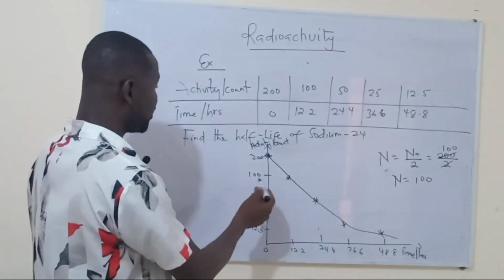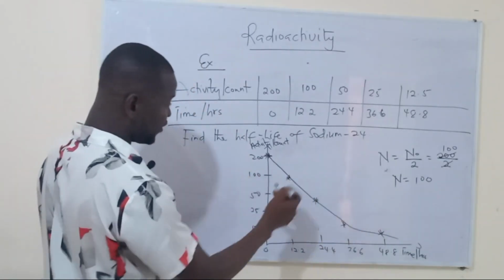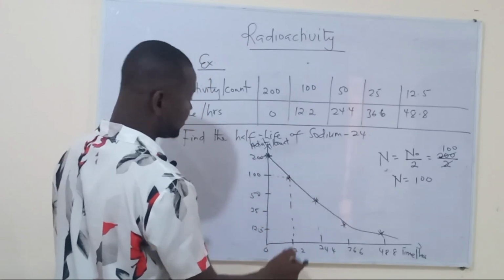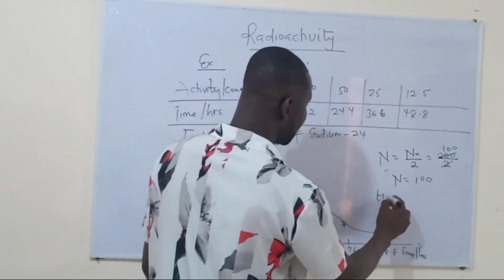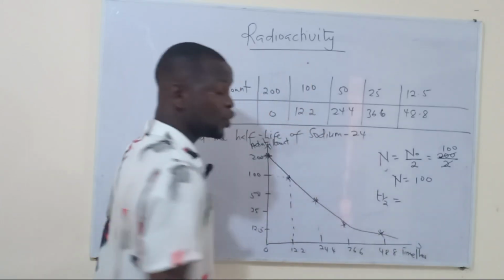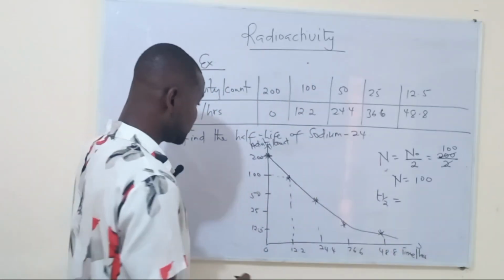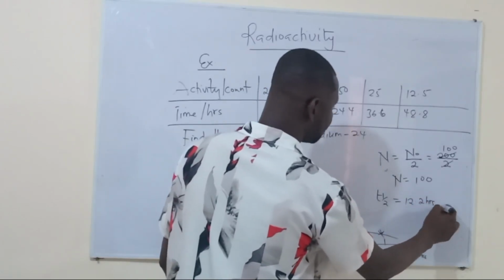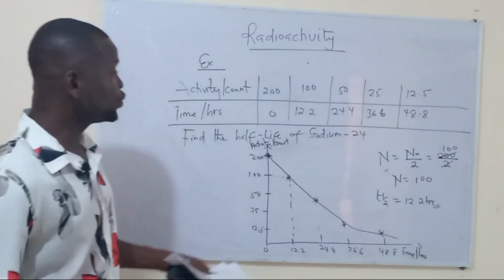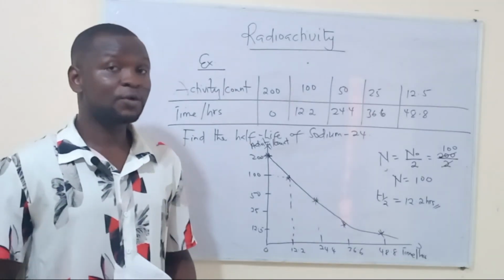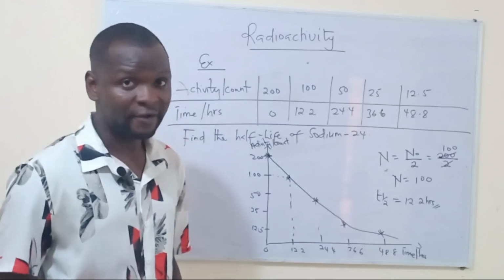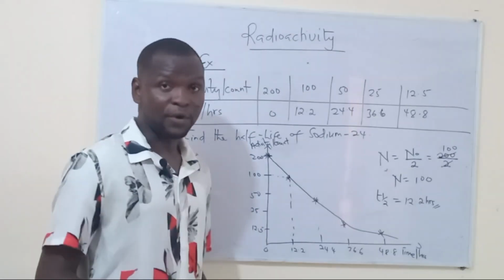So I'm going to trace, go to the count, look for 100, then trace to its corresponding time. So it means that the half-life of my sodium-24 is 12.2 hours. So that is how we can use the graphical method also in finding the half-life of a particular radioactive nuclei.